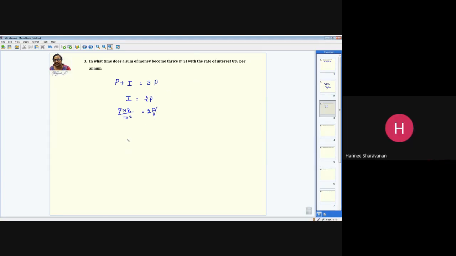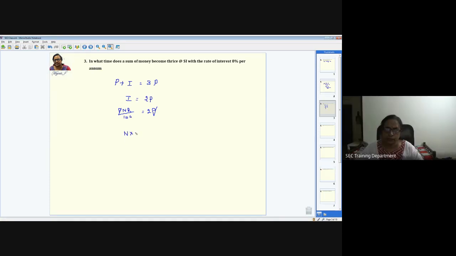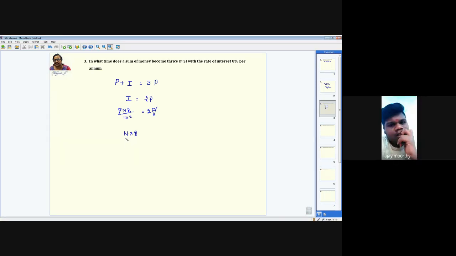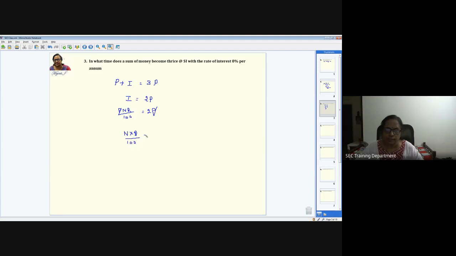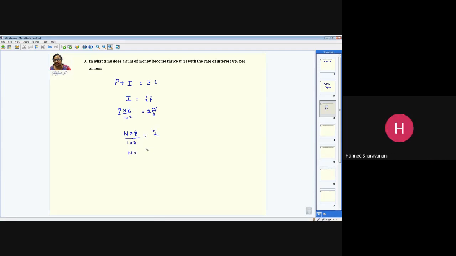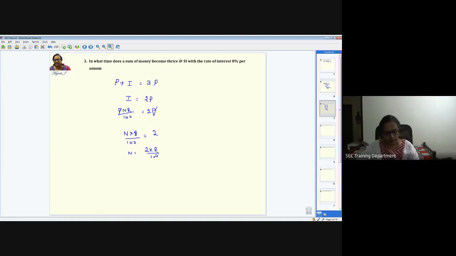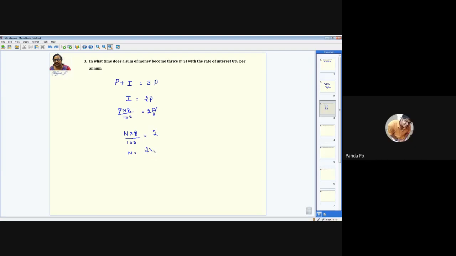R is already given here. So N into 8 by 100 equals 2. So what is N? 2 into 100 by 8, that is 25. I'm sorry, I made a mistake. 2 into 100 by 8 is 25.